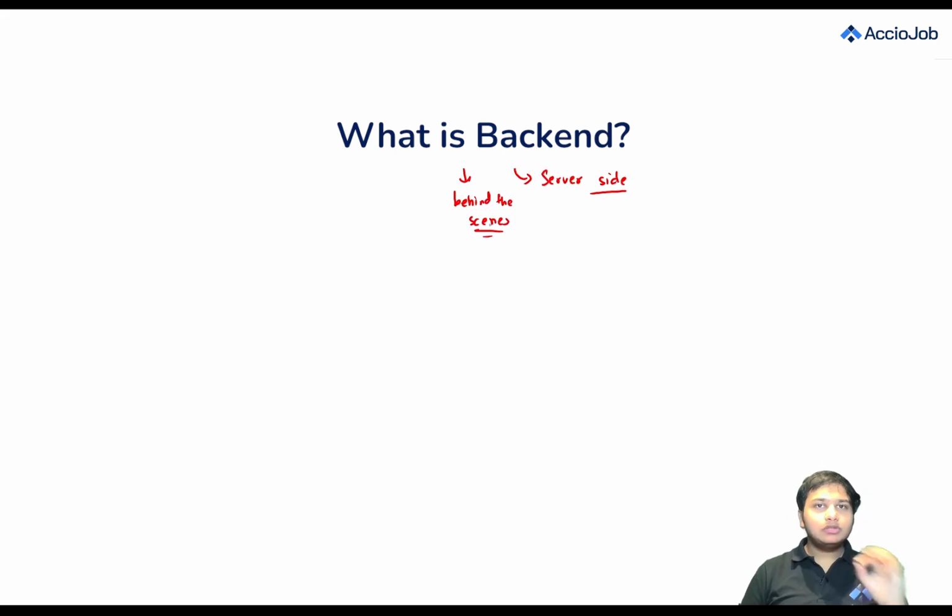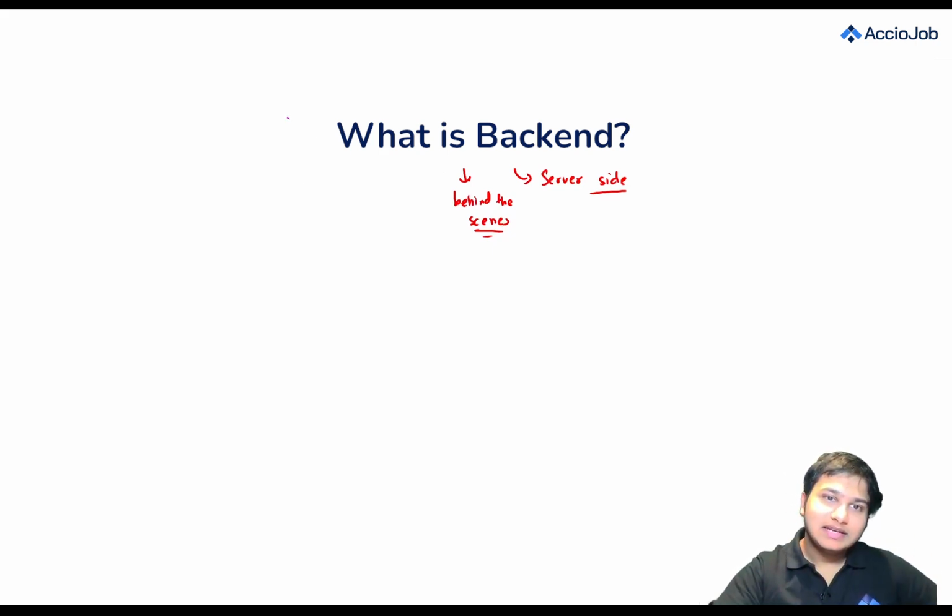So backend, also known as the server side, is the part of the web application that runs behind the scenes, and it handles various important tasks such as data processing. You will get to know what I mean by this data processing thing; we'll discuss an example and you will get it. Another important thing is storage, of course. And another important thing is communication.